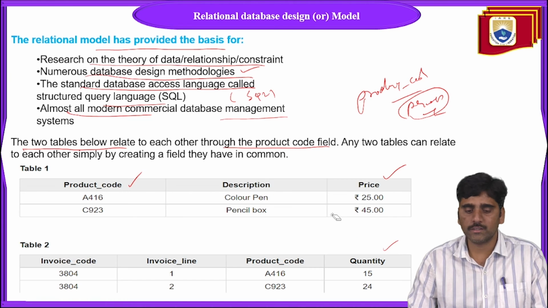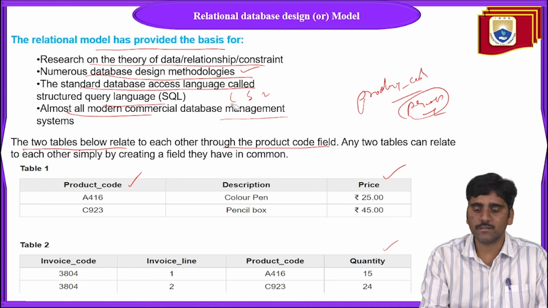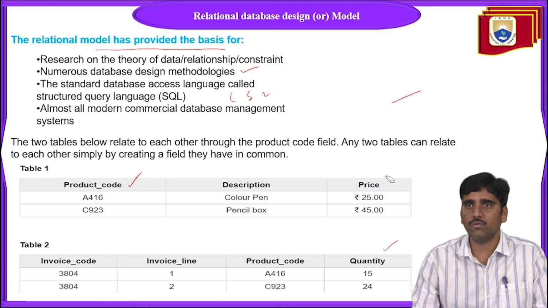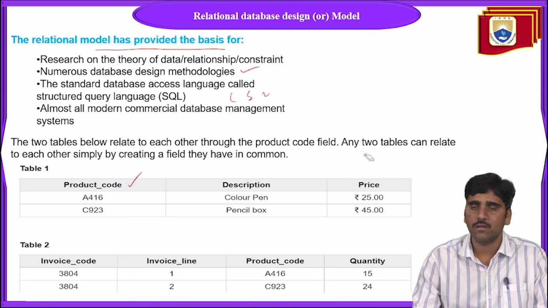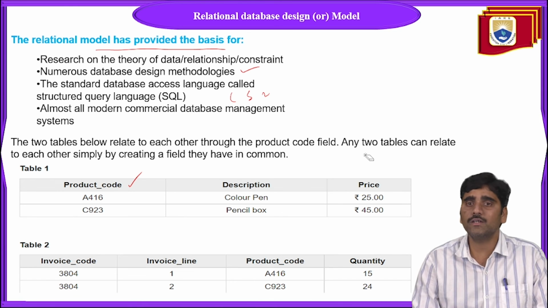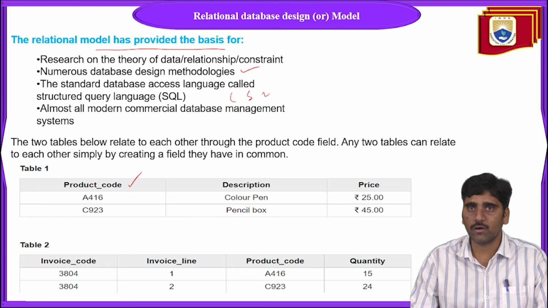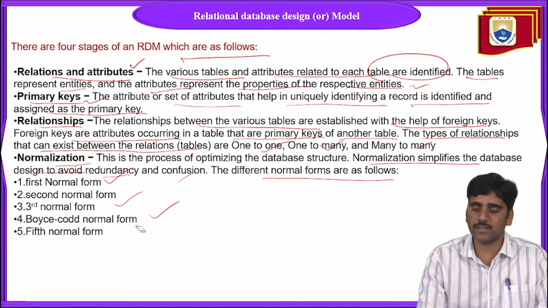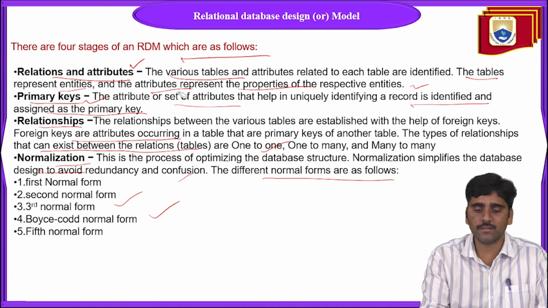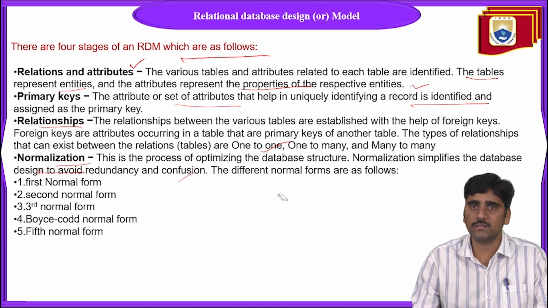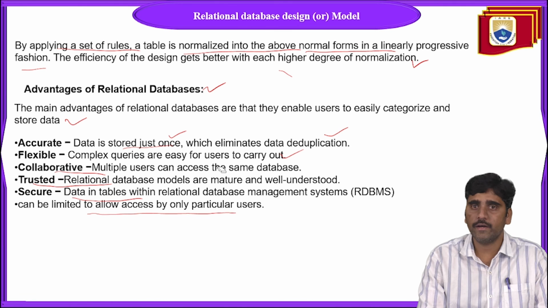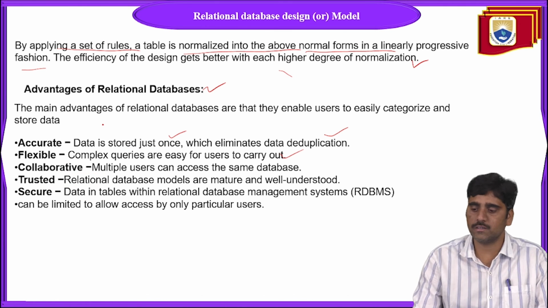And the next, what are the relational model applications, that means where we use this relational model in real time, and how the relational tables are related to each other with the help of a common tool called primary key or foreign key. What are the different stages to design a relational database model, and what are the advantages of relational database, the different types of advantages.